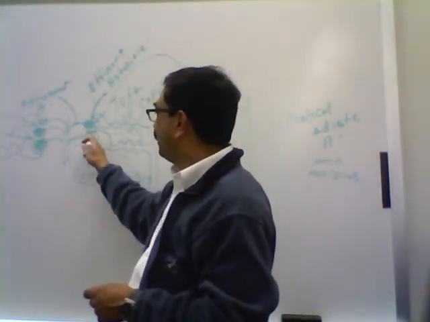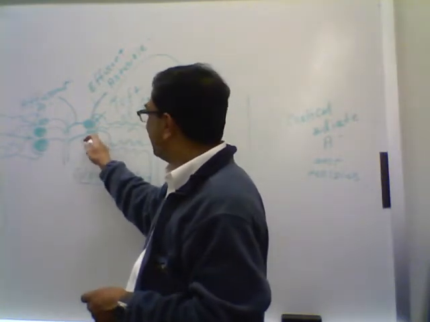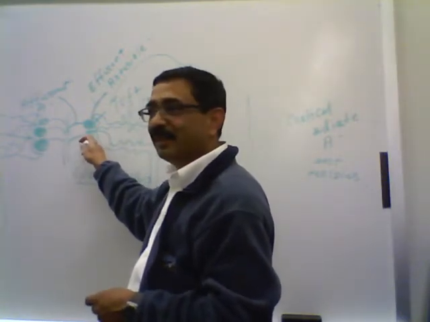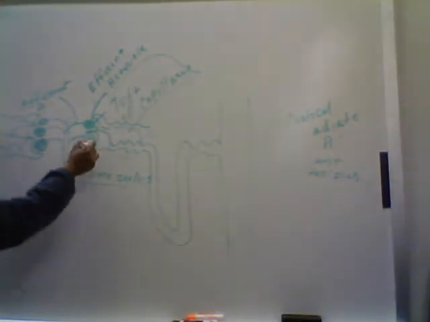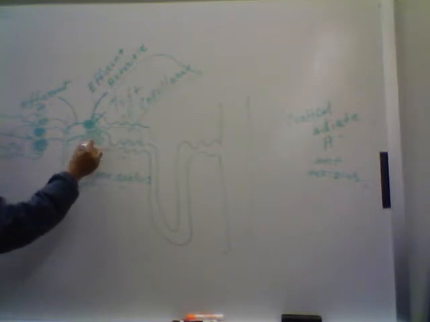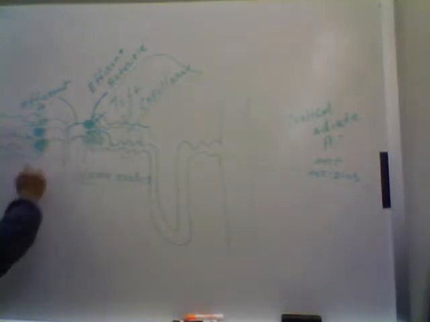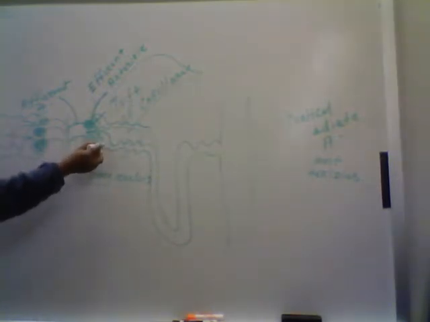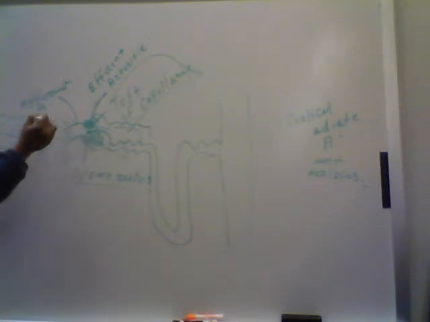when the blood circulates inside the glomerulus, through the wall of the glomerulus, water and toxic chemicals, other chemicals will get out and will enter into the nephron, and that is called the filtration, glomerular filtration.